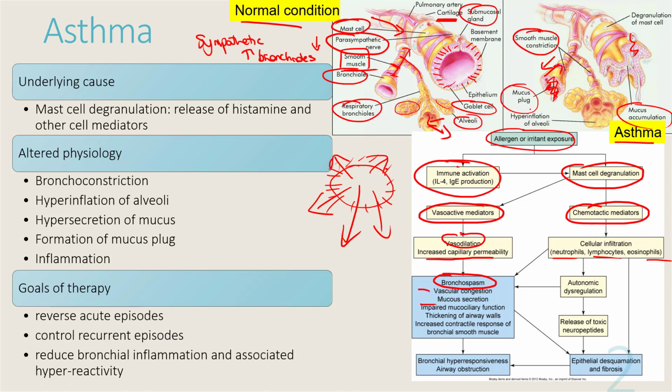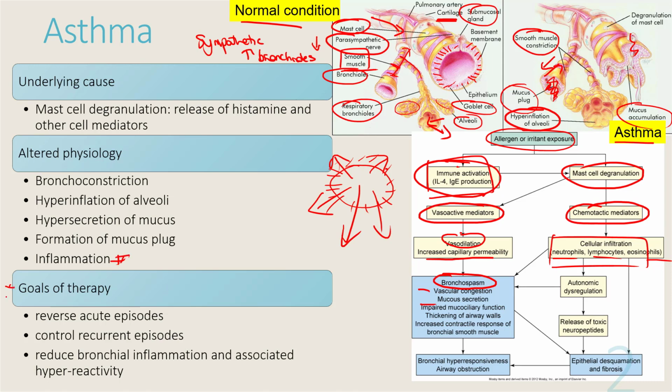And sometimes the alveoli can actually hyperinflate because air more easily enters into the alveoli, and it's harder for air to actually go out. The other thing that happens, because of the immune activation and the cellular infiltration, is that you've got inflammation happening.